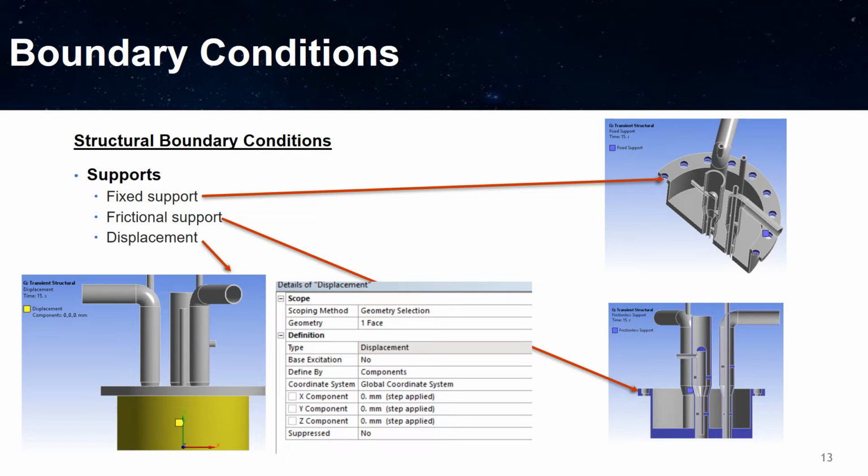So I've given a 0 mm displacement in all directions. We could also go with a fixed support on that as well, but I decided on giving it fixed displacement.